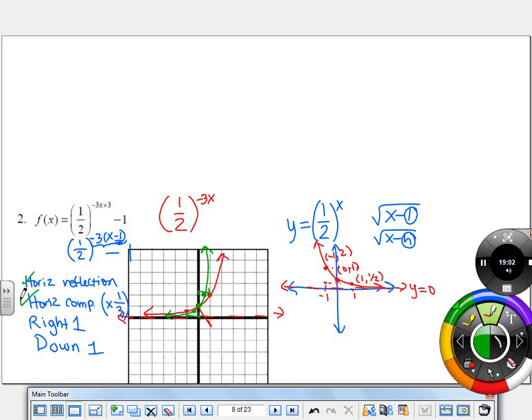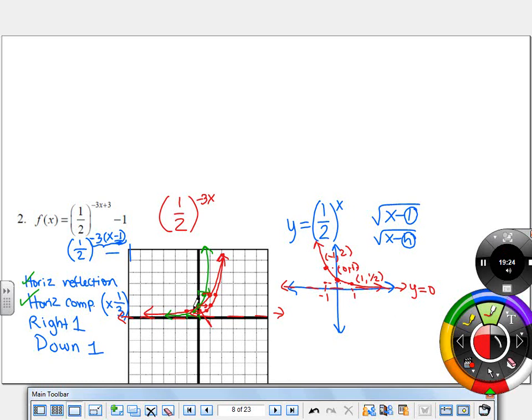The next thing we're going to do is move the whole thing right 1 and then down 1. So when we move everything right 1, all these points we just graphed are just going to be shifted. Okay, so see that everything's been shifted right 1 unit. Give us this.